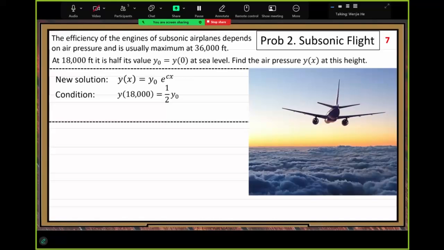What's the goal? The goal, we need to find y, the air pressure value at height 36,000 feet. That's the goal. Okay?